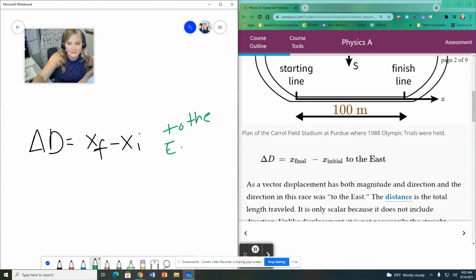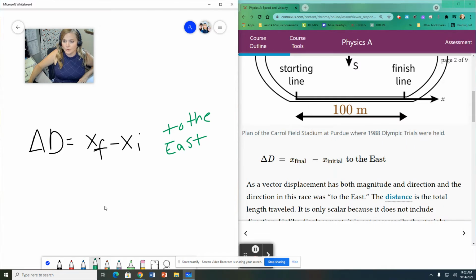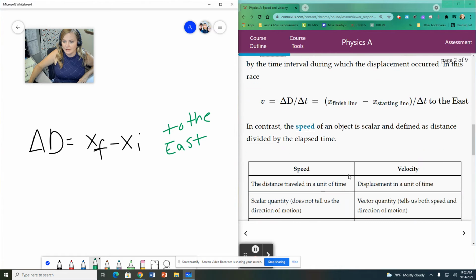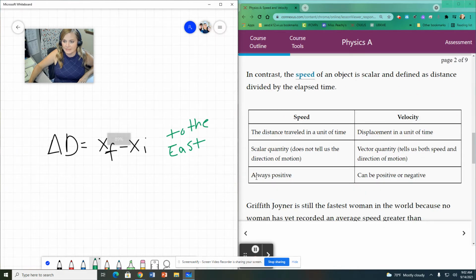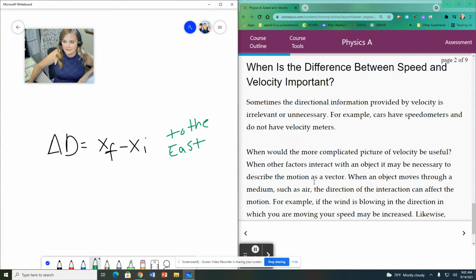That's necessary when we're looking at a vector, that it's not just the magnitude, but also the direction she's moving. Her total distance was just 100 meters.